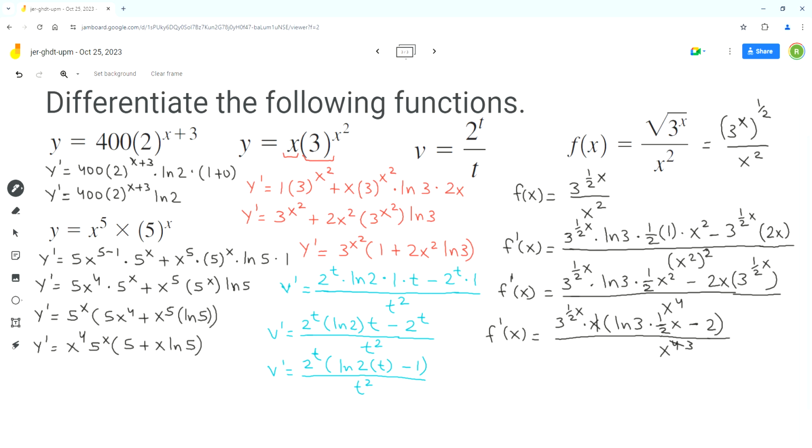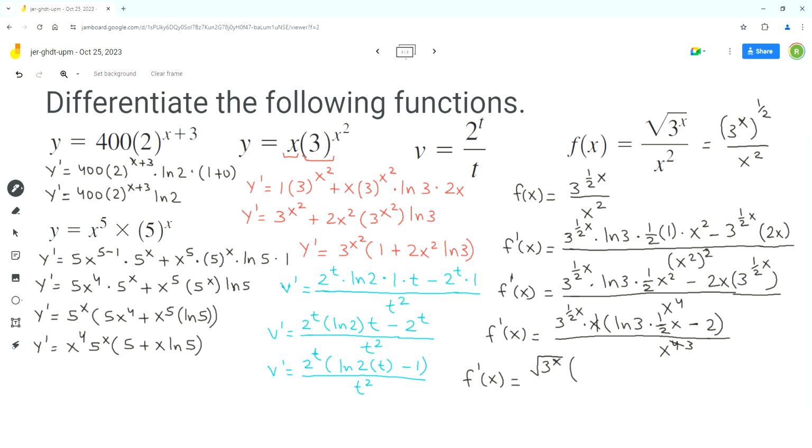So we can rewrite this as, now 3 to the power half x can be rewritten as the term in its original form, so square root of 3 to the power x. So we changed the radical to the rational exponent to make it easy to find the derivative.